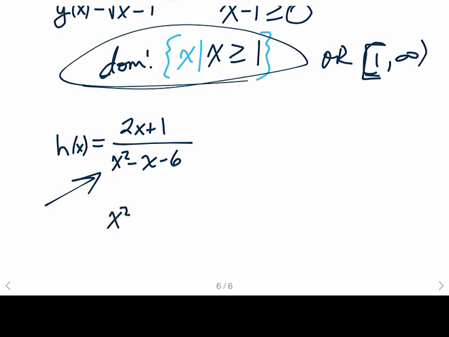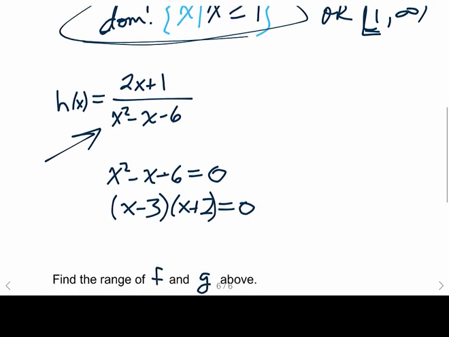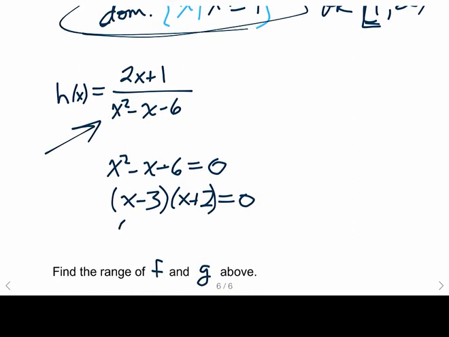I'm setting the denominator x squared minus x minus 6 equal to 0 to find those problems. Solving this requires factoring, so I have x minus 3 times x plus 2 is equal to 0, and that equation is true if x is equal to 3 or negative 2.